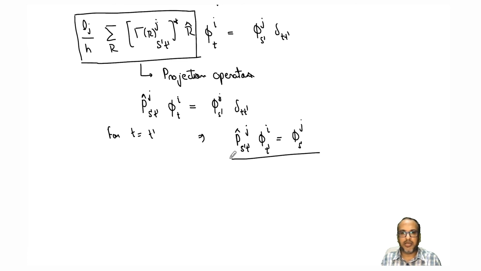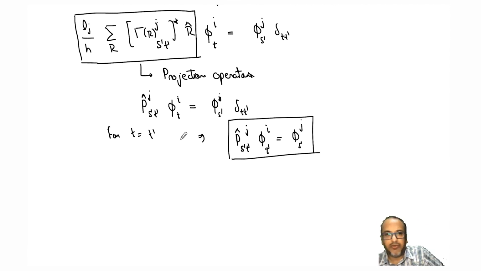So this is my projection operator. The formula for how to calculate the projection comes from here, but combining this becomes the complete definition. We will see an illustrative example, but I hope this derivation is clear, and now there is some sense of how to derive the projection operator.